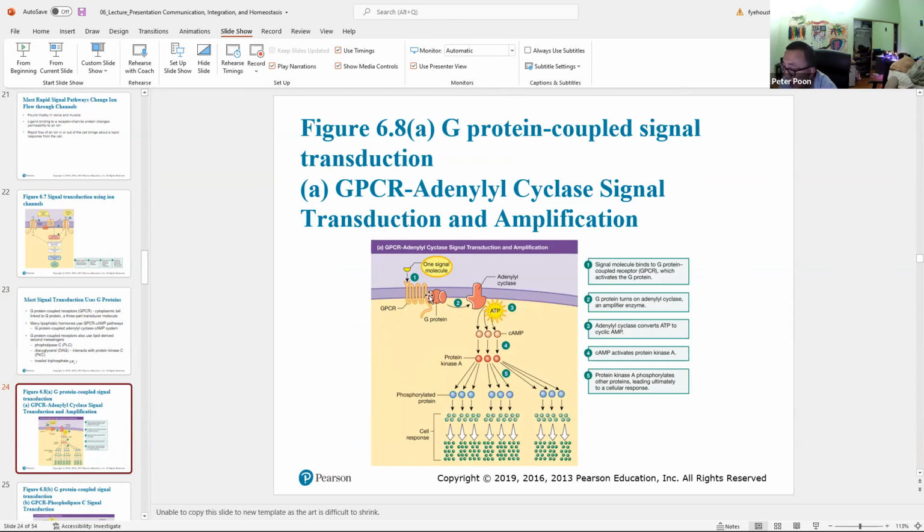So 1, 2, 3, 4, 5, 6, 7. 7 will put the other end of it on the inside of the phospholipid bilayer. So the signal binds here, it causes a change on the other side of the cell membrane, and that will activate the G protein.